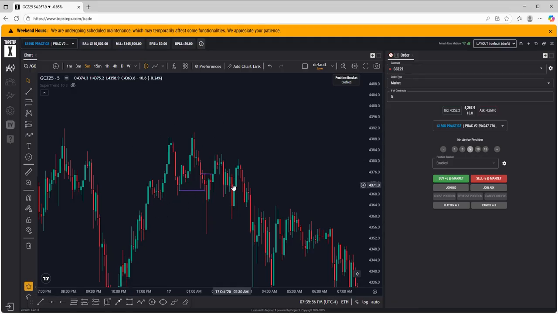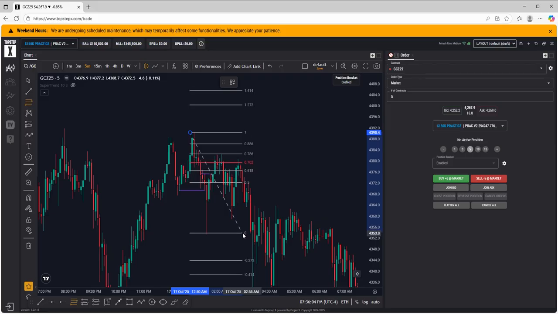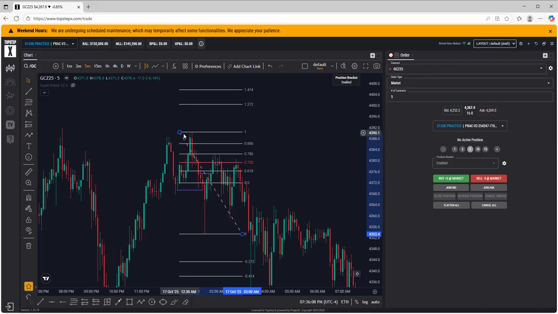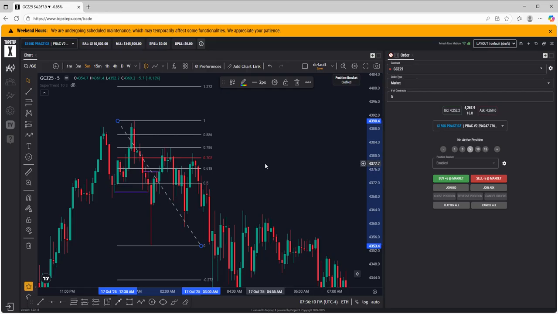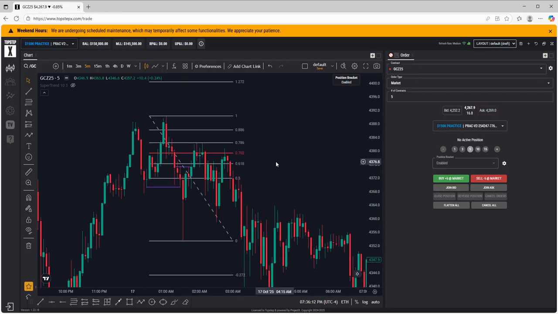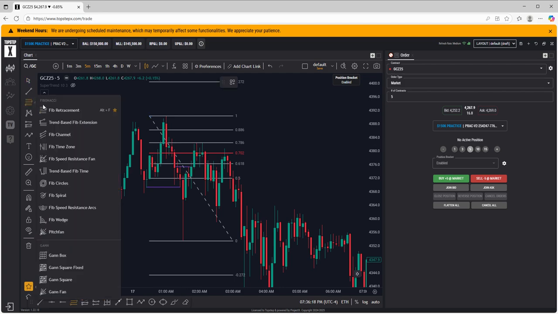We broke structure. After we break structure, we then draw our fib. After we draw our fib, we identify if we have any gaps, or no, we identify our order block, which is in the zone.